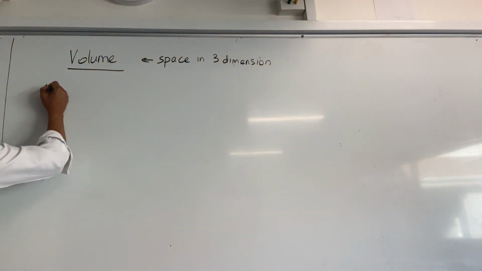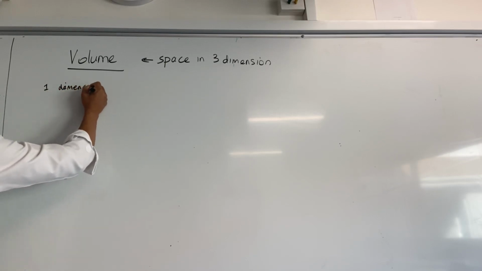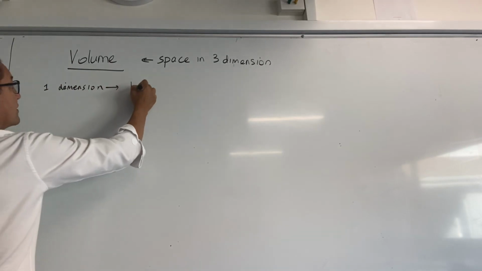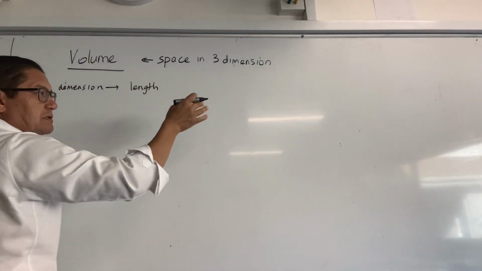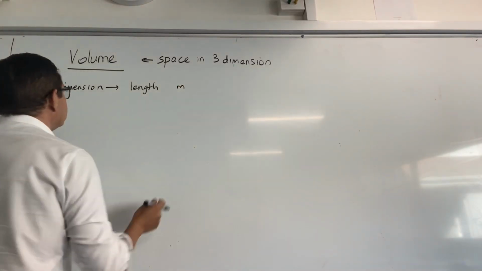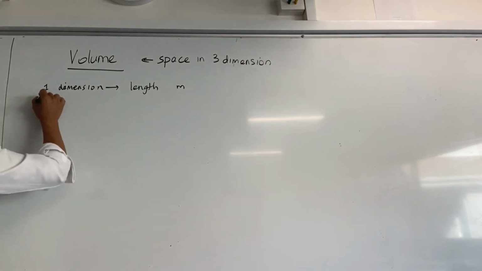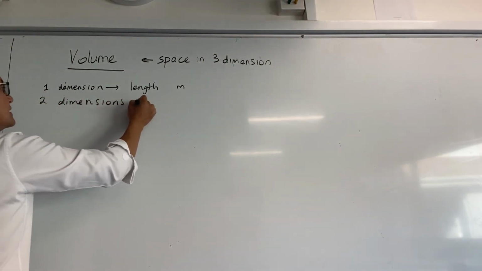If I have 1 dimension, that's called length. The length of a line or anything like that. And let's pick a set of units, let's say meters. If I have 2 dimensions, then I have area.